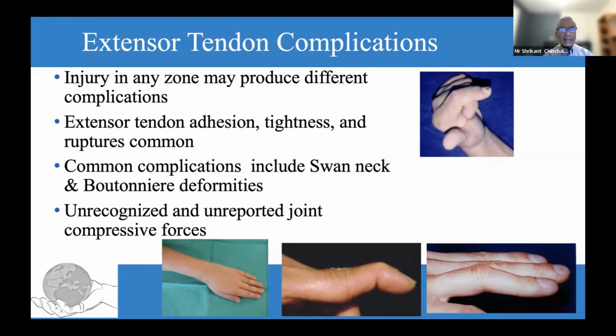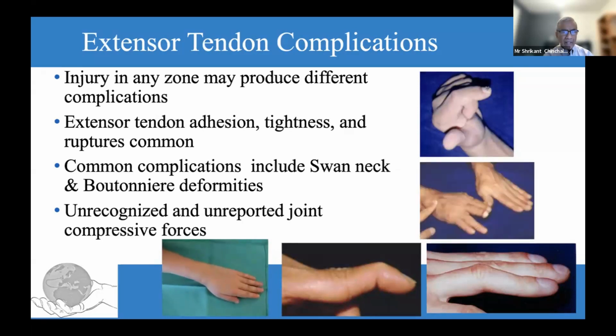The whole extensor tendon as well as the sagittal band has scarred down, preventing the patient from performing flexion of the metacarpophalangeal joint and interphalangeal joint. As a result, the person has a significant amount of joint compressive forces and quite a bit of pain.